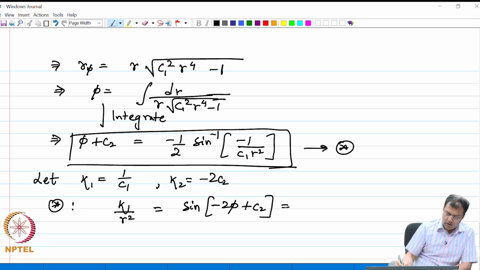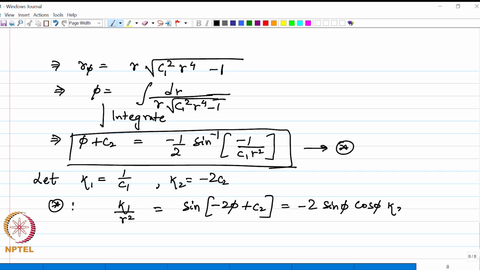So, this is also equal to, let us just expand this sine of a plus b, this is also equal to negative 2 sin φ cos φ cos κ2 plus (2 cos² φ − 1) sin κ2, right. Okay. So, now let us just multiply throughout by r², and notice that r sin φ will be y and r cos φ will be x by our coordinate transformation.